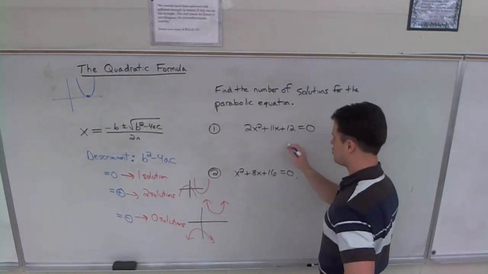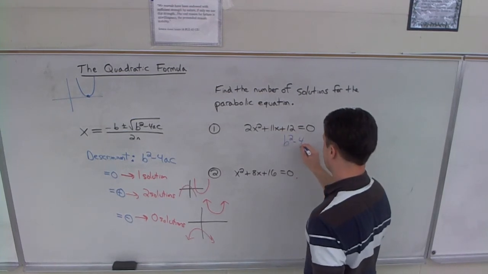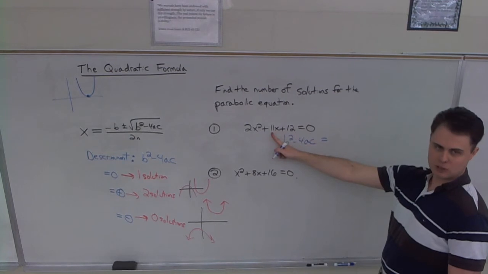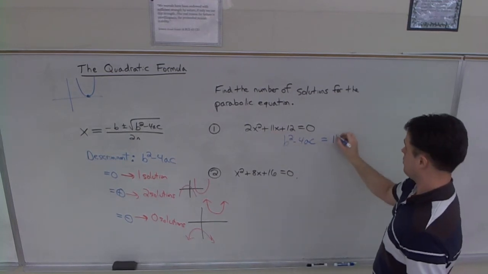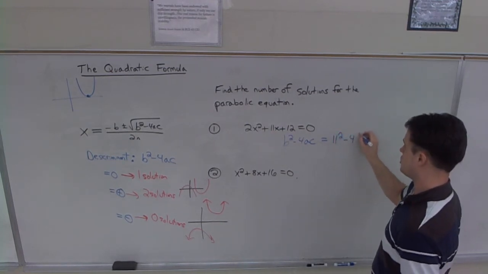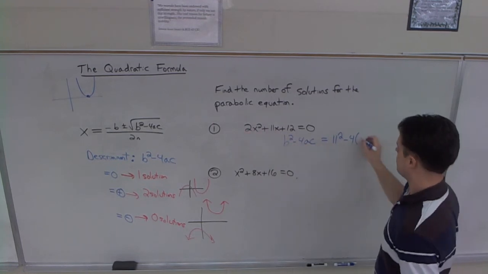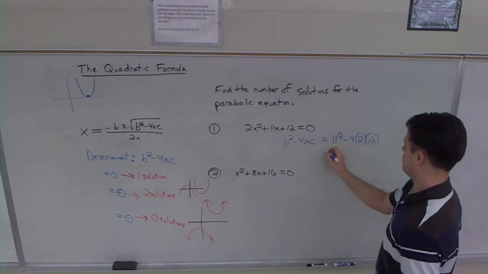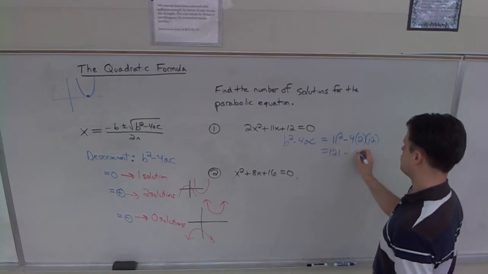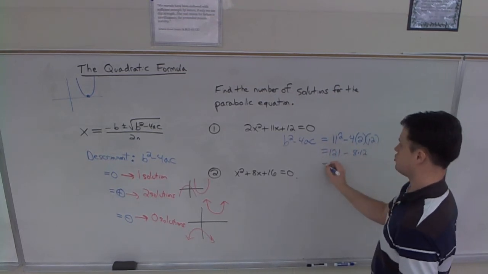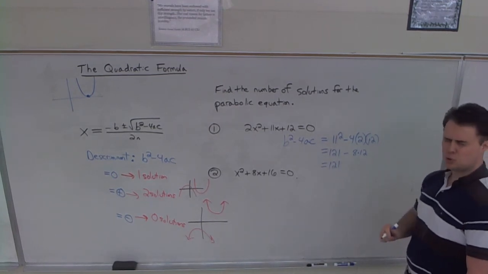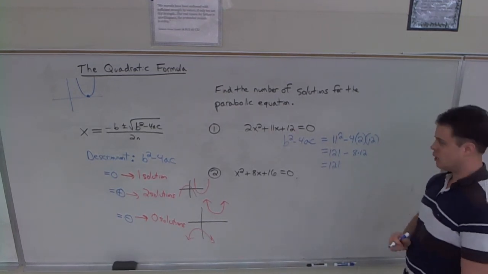So let's see, for this guy, what is the discriminant? It's going to be 11 squared minus 4 times 2 times 12. So that's 121 minus 8 times 12. You can use your calculator at any point in here when you need it. 8 times 12, 8 times 10 is 80. 96.